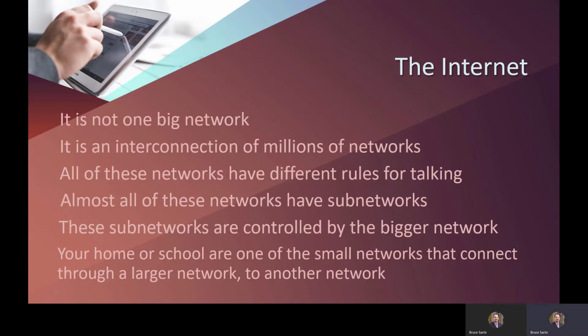Your home or school are one of the small networks that interconnect through a larger network, as I just mentioned. So you might connect through Comcast or Penteledata or Cox Communications. At my place of business, we connect through Penteledata, and Penteledata connects up almost directly to the internet. They are a tier 1 provider, so they are considered to be as close to a direct connection to the internet as we can get.